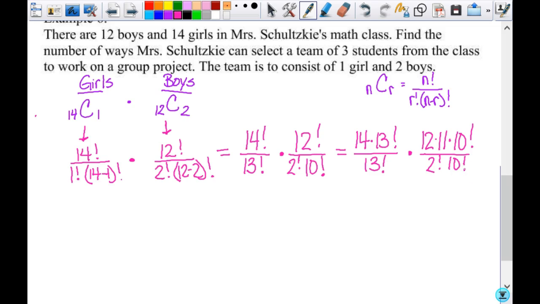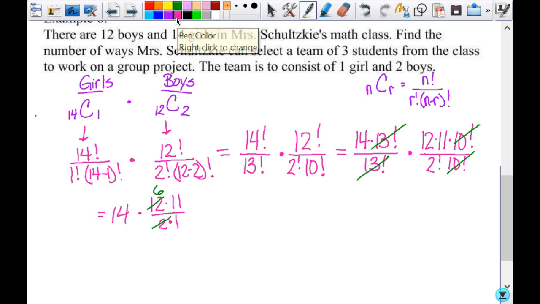Everybody with me so far? So these 13 factorials cancel out, and the 10 factorials cancel out. So then that leaves me with 14 times 12 times 11 over 2 times 1, because that's my 2 factorial. Then I can reduce this and get 6.